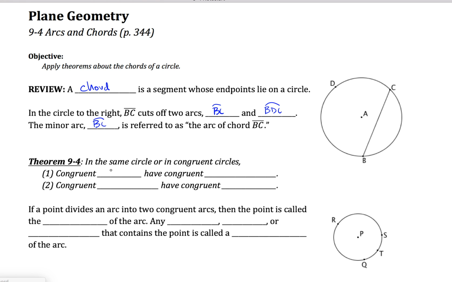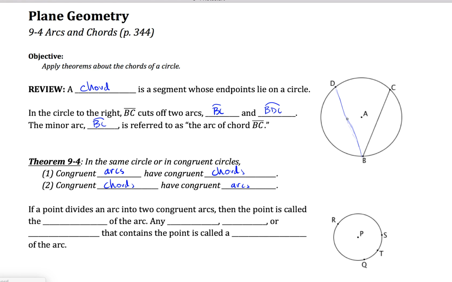So theorem 9-4 says, in the same circle or in congruent circles, congruent arcs have congruent chords, and vice versa. Congruent chords have congruent arcs. So if I drew in chord BD, it's not going to be the straightest chord in the world, but you get the idea.